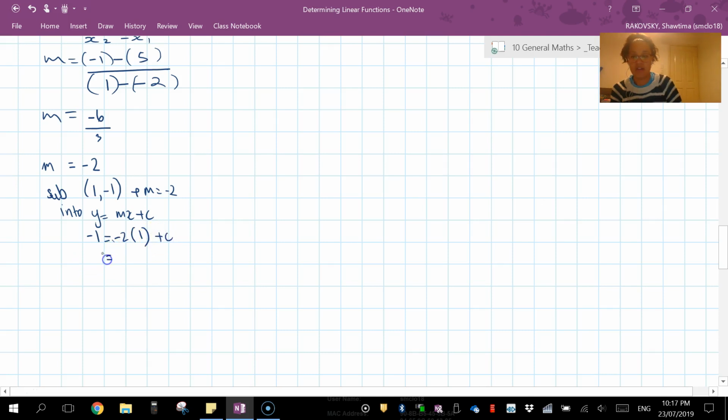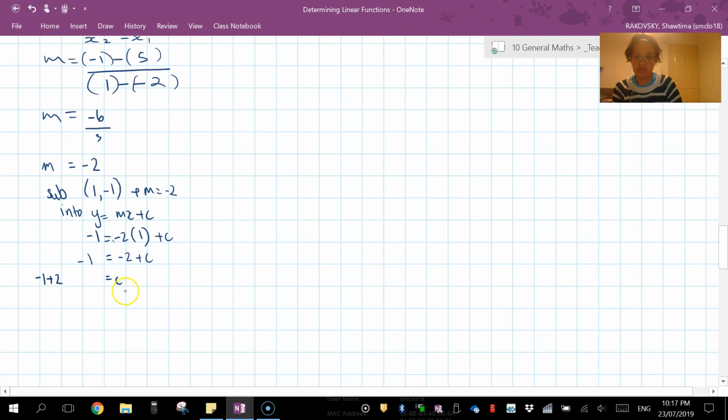We have then -2 times 1 is -2 plus c equals -1, and we then take this value and move it over, so that becomes -1 plus 2, which gives us our c value, and that is going to be 1.